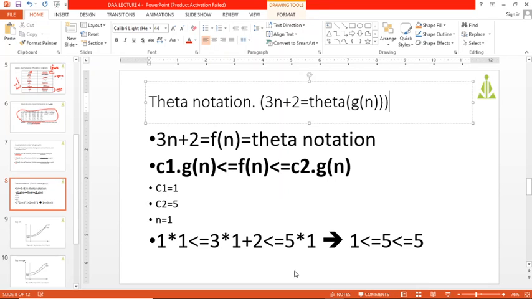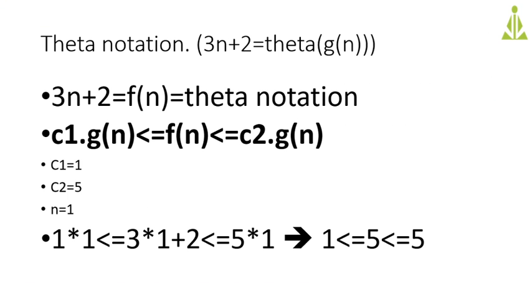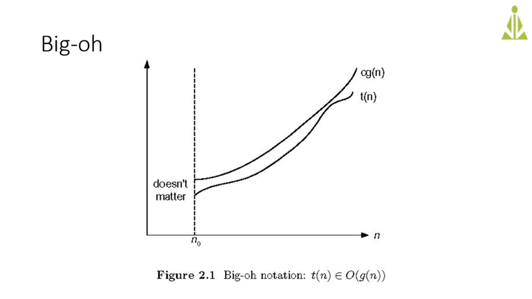So this is what we have seen in today's lecture. In Big O, our time complexity should be less than the most significant terms, and it works as an upper bound.